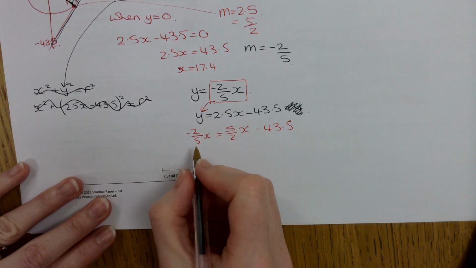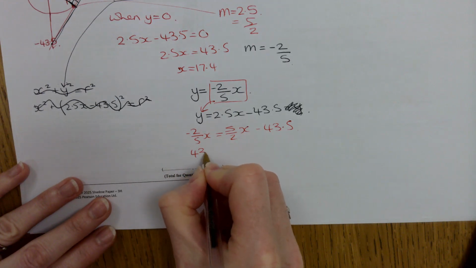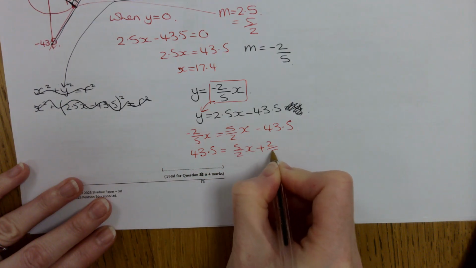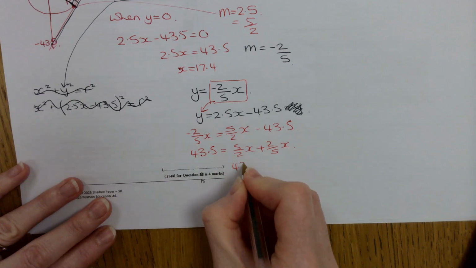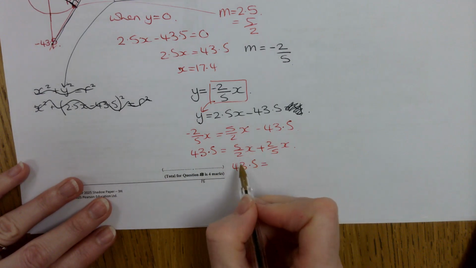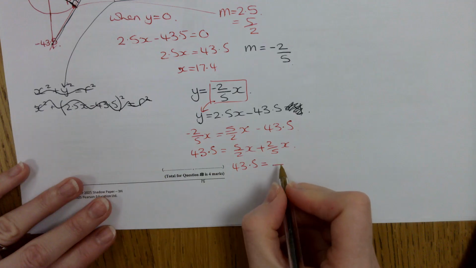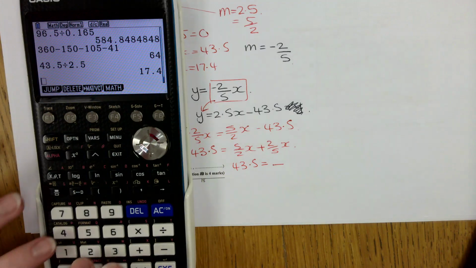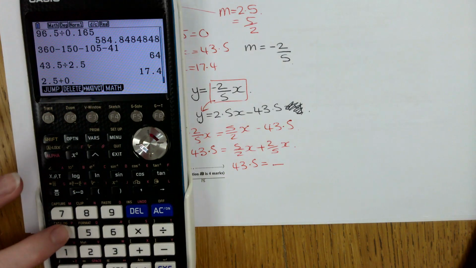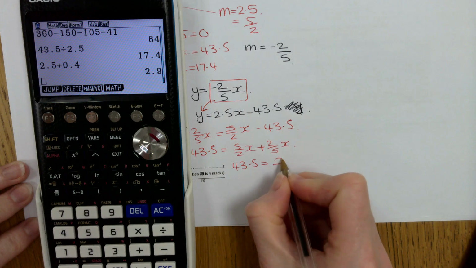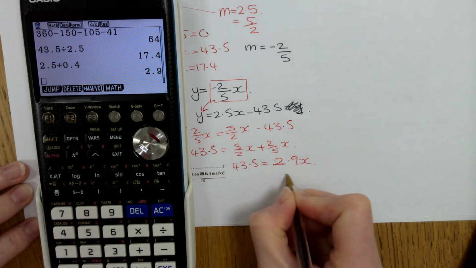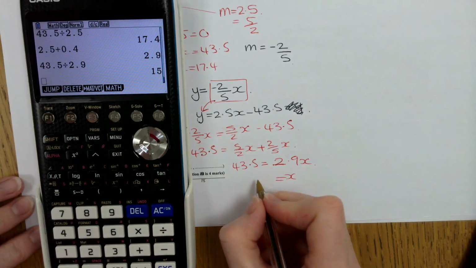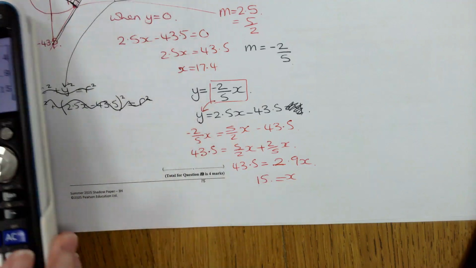Do a bit of rearranging to get my x value, so 43.5 equals 5 over 2 x plus 2/5 x. If I use common denominator, although this is calculator paper, so I could use a calculator. So 2.5 plus 0.4, so I've got 2.9x. So if I do 43.5 divided by 2.9, I get my x value of 15.